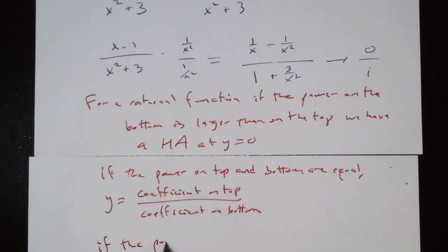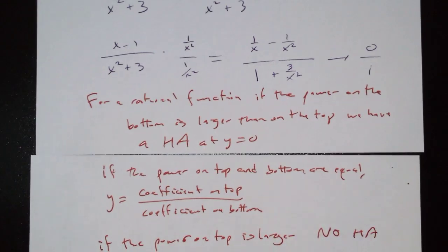If the power on top is larger, no horizontal asymptote.